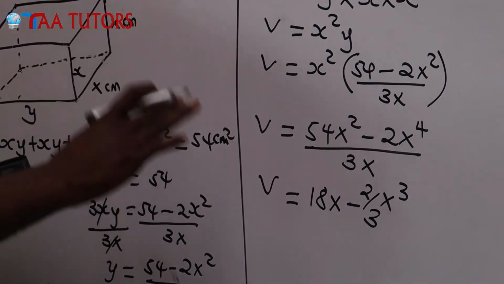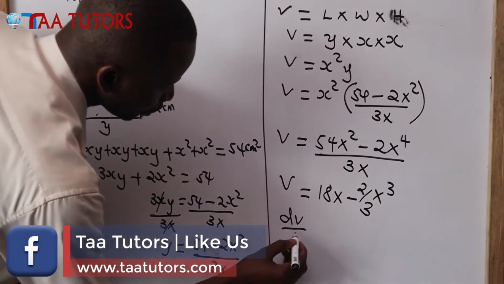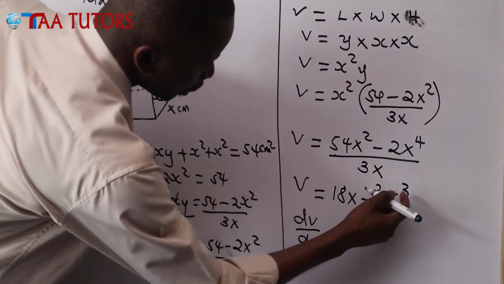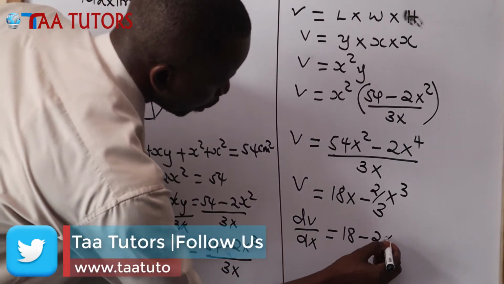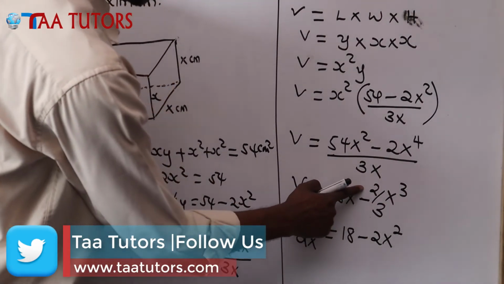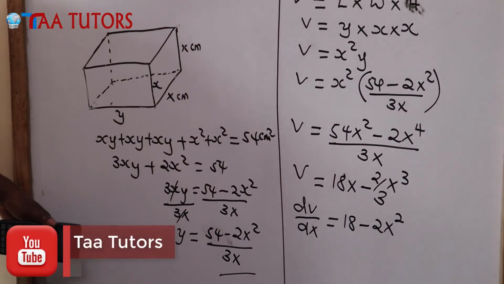But now at maximum volume here, dV/dx equals 18 minus 2x squared, because if I bring 3 here, 3 times 2 over 3, the 3s cancel, giving 2x squared.